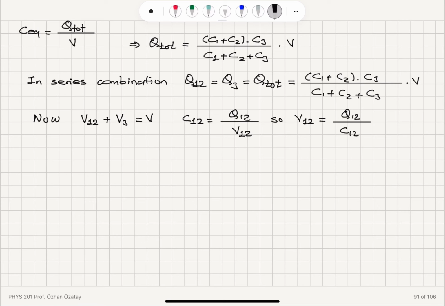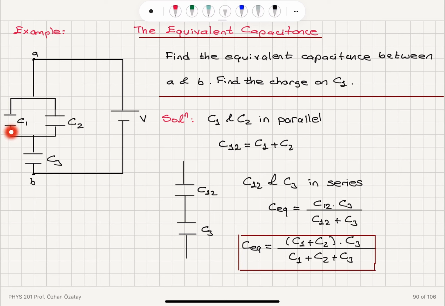That potential difference is also equal to the potential difference on C1, which is V1, that is equal to Q1 divided by C1. Remember that we have the same potential difference between these two plates in the parallel connection. So V1 is equal to V2, which is equal to V12.